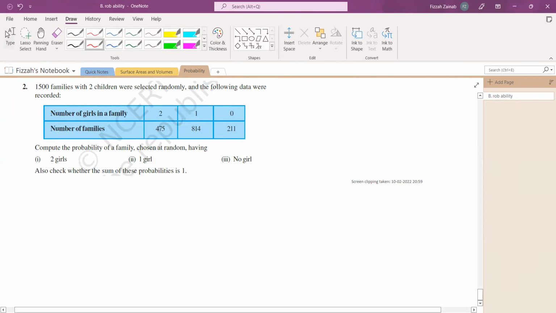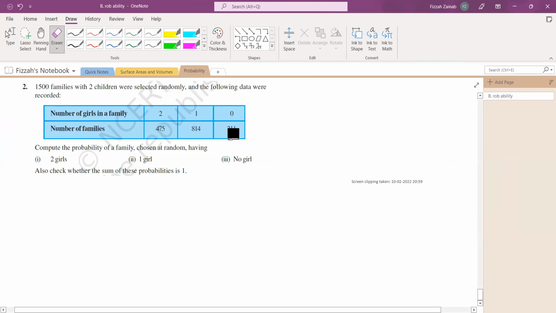And the following data were recorded. Number of girls in a family, and these are the number of families. So basically the data means in 475 families, there are two girls, right? In 814 families, there is only 1 girl, and in 211, there is no girl in the family, right? So this is the data.